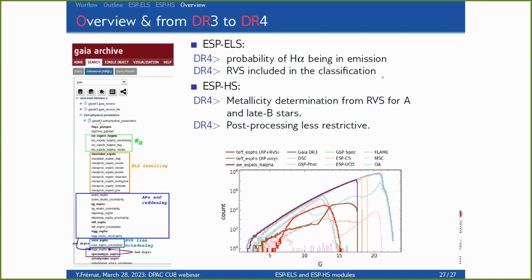We will also use the RVS spectrum to put a label on the emission line star class. We will also take into account different metallicities, at least for the A and late B-type stars, to derive the astrophysical parameters, and we will propose a less restrictive post-processing. So thank you for your attention, and I apologize for taking too much of my time.